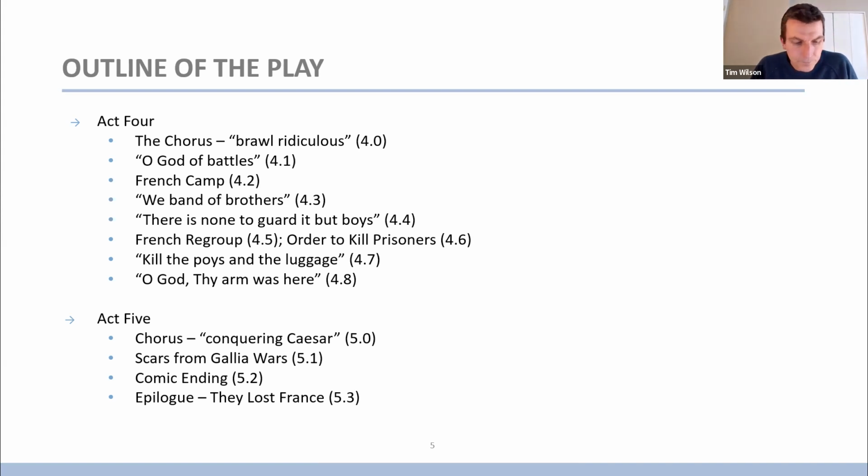In Act 5, Scene 2, we have, as I said, this comic ending, because we have Henry V and the French nobles and king agreeing to the terms of their truce and a treaty for ending the war. Henry has demands which include Catherine being, as he says, the capital demand.